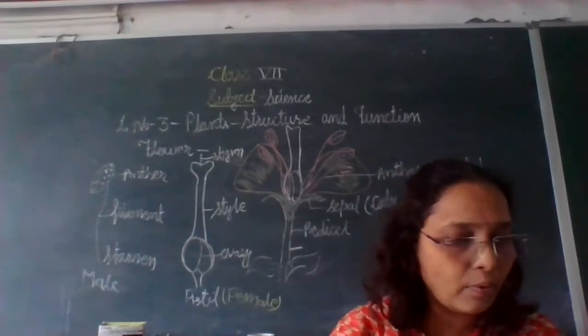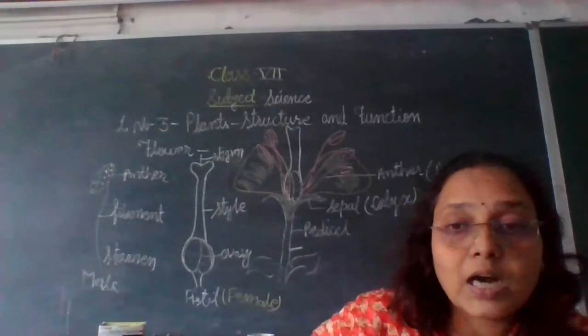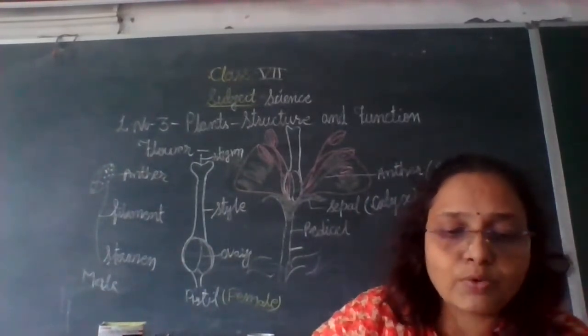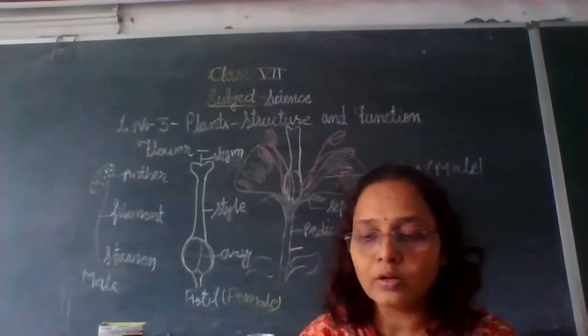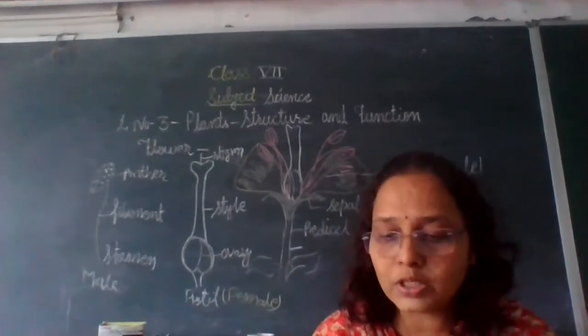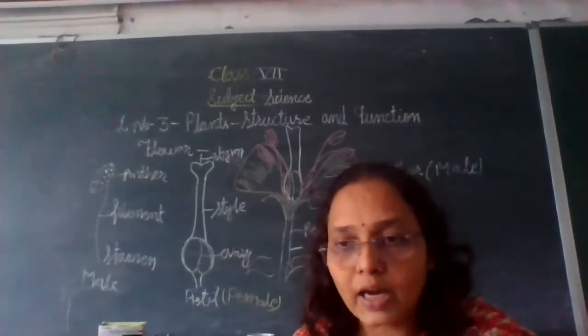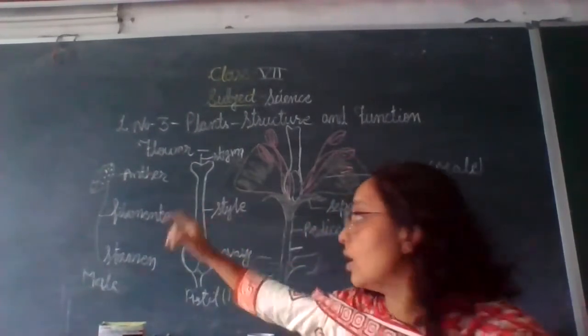What is meant by pollination? The transfer of pollen grains from the anther to the stigma is called pollination. Due to pollination, the ovules in the ovary get fertilized.